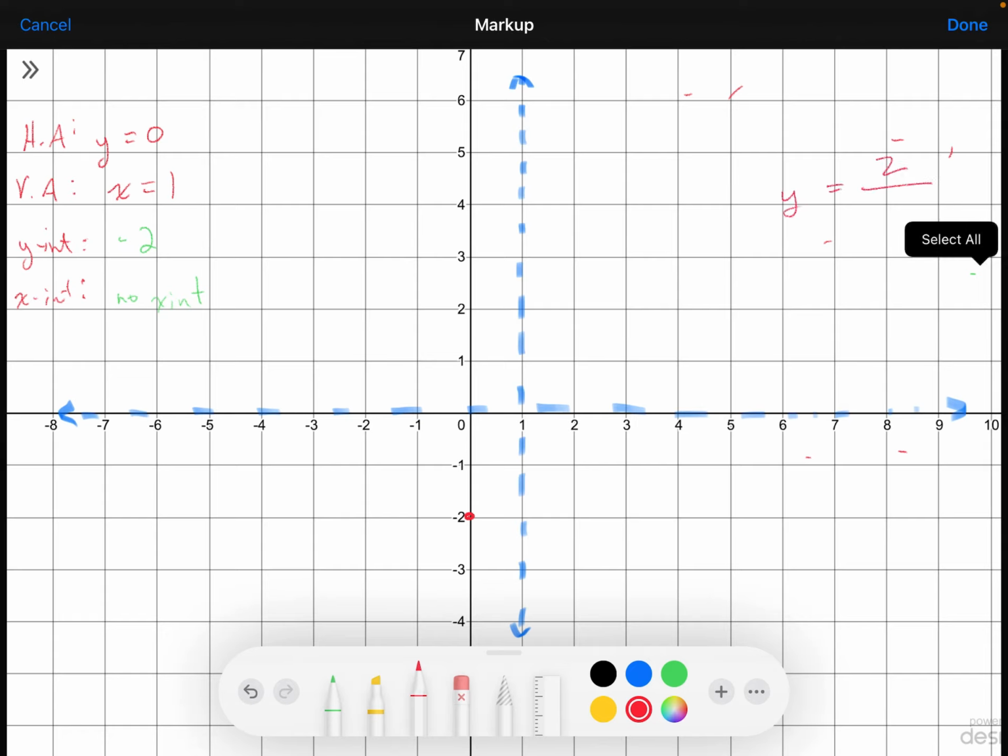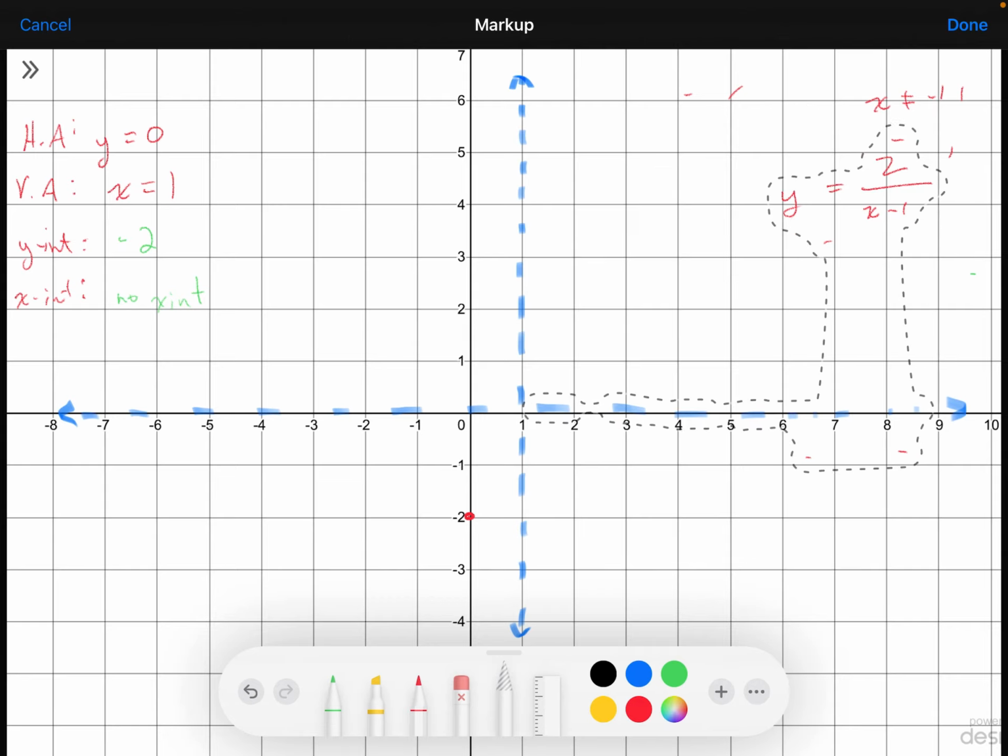I believe my simplified function was 2 over x minus 1, but x cannot be equal to -1 or 1. So what I'm going to do is the shotgun approach. I'm curious what my graph is going to look like over here.